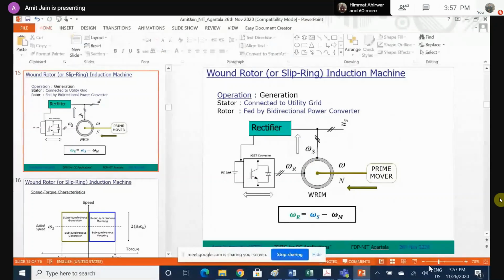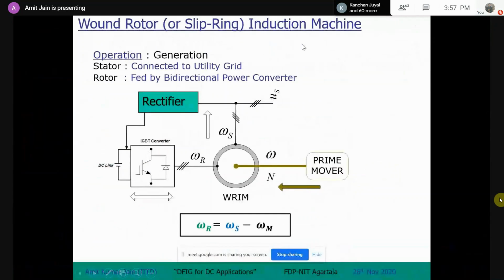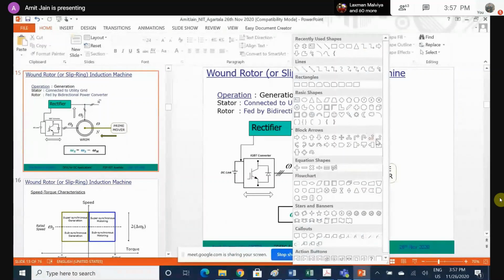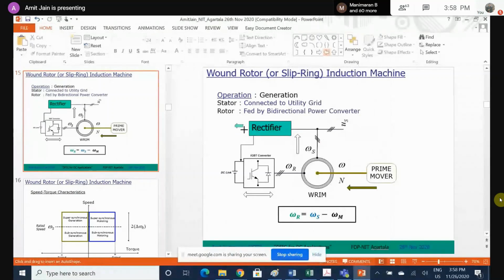So this system, what we are talking about, right? Here you have even DC loads connected, right? So a DC grid or DC load. This is connected to some DC loads.